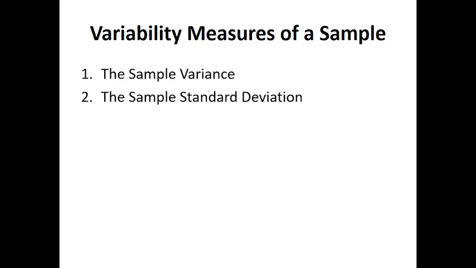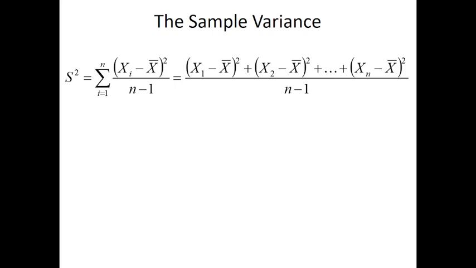So let's now proceed with variability measures of a sample. We have the sample variance, then the sample standard deviation, and the sample range. So we have the sample variance. I think you have also encountered this before.